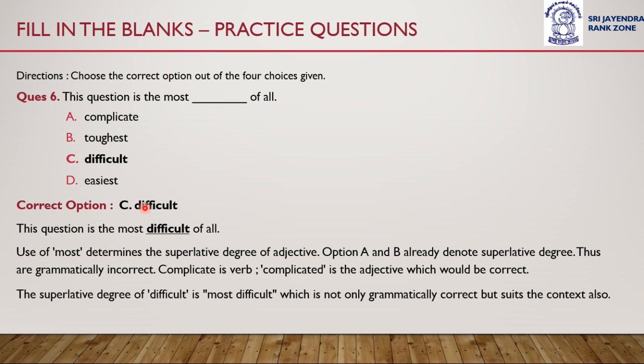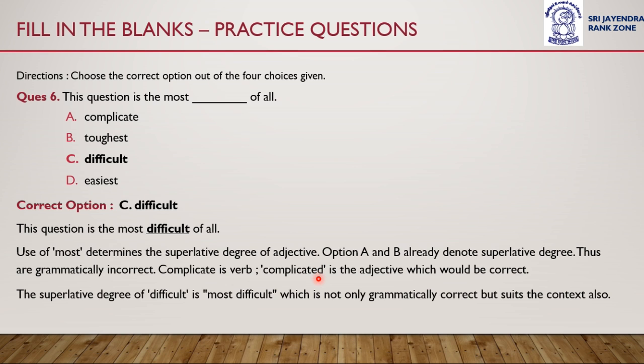And complicate is a verb, complicated is the adjective which would be correct. So we cannot use complicate in this blank because it is a verb. We need an adjective to fill in this blank, and complicated is the correct adjective.